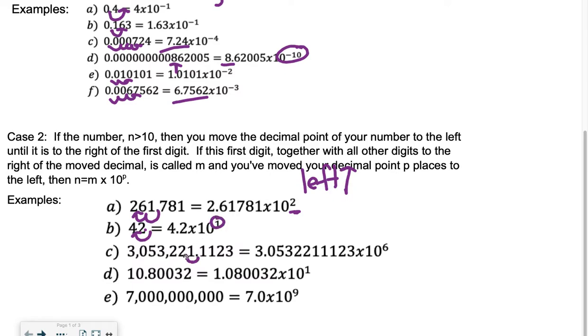Moving 1, 2, 3, 4, 5, 6. That's why your exponent is a 6. Moving 1. And moving 1, 2, 3, 4, 5, 6, 7, 8, 9. Okay, so left increases, right decreases.